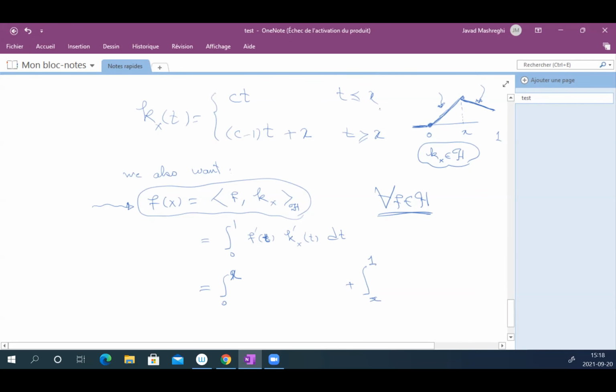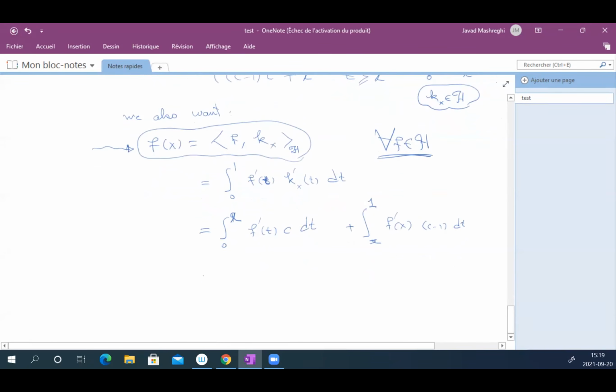Between 0 and x, k is ct, so its derivative is just c. We obtain the integral of f′(t) c dt. In the other case the derivative is c − 1, so the integral of f′(t)(c − 1) dt. Simplify. Being absolutely continuous, this integral is f(x) − f(0), and that integral is f(1) − f(x).